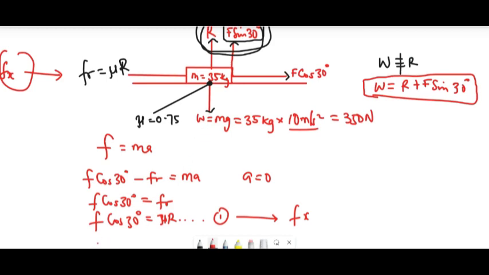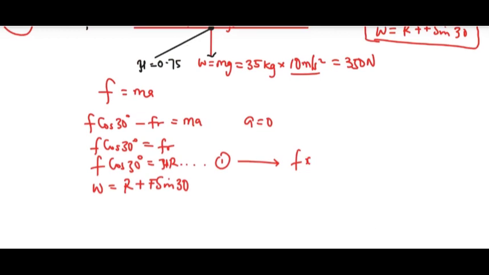So we have W equals R plus F sine theta, that's sine 30 degrees. That will give you your second equation, which is for your y-axis.